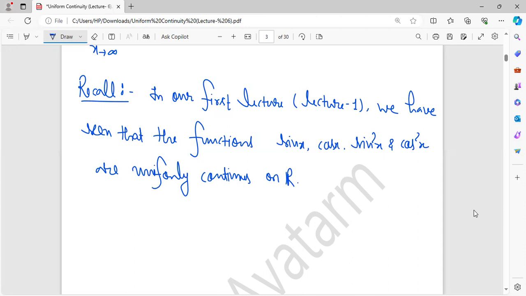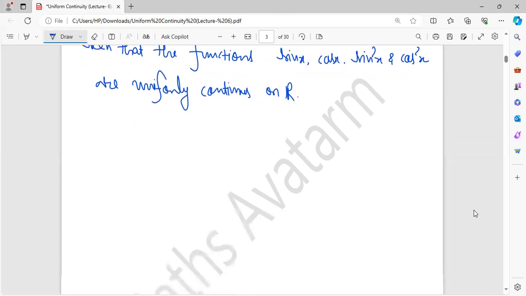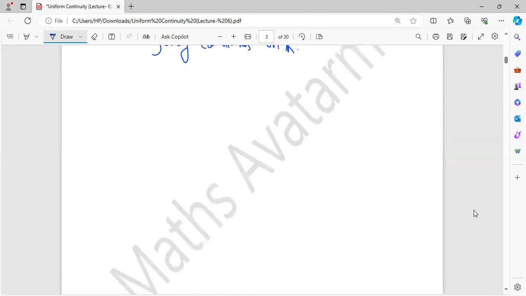So we are going to prove a result that if a function is continuous on the real line and is periodic, it is going to be uniformly continuous. Then by this fact, sin x, cos x, sin square x and cos square x are automatically uniformly continuous. We will prove this result now onward. Before that, let's define what a periodic function is.